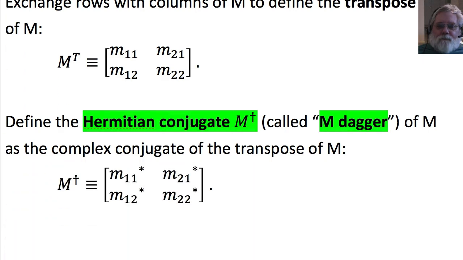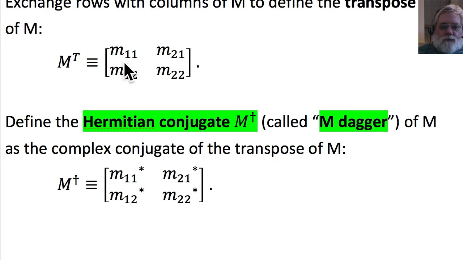From that, we're going to define the Hermitian conjugate, M dagger, of M, as the complex conjugate of the transpose of M. We already know what the transpose is, so we just need to take the transpose and conjugate it.